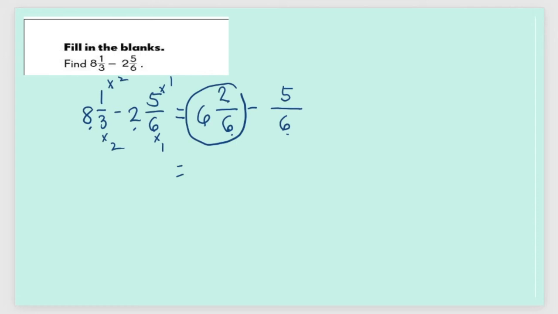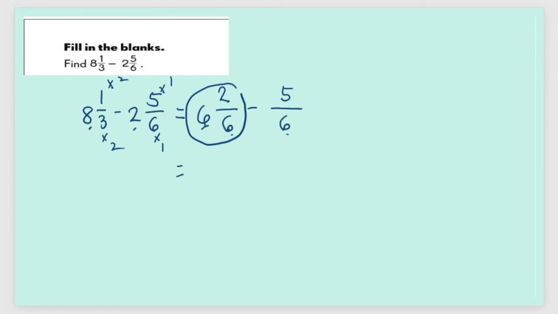This is taken as a mixed number. And definitely this mixed number is bigger than 5/6. So it's still possible for us to subtract 5/6 from the first mixed number. So let's do that. How are we going to subtract 5/6 from 6 and 2/6?